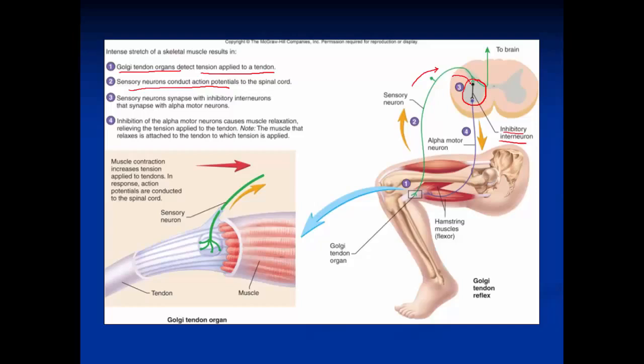So excitation of this leads to increased inhibition, which means now this alpha motor neuron is firing fewer action potentials. When that happens, now I get relaxation. Okay? Now this has a couple benefits. We'll talk a little bit about those later, and I'll talk more about this reflex later.